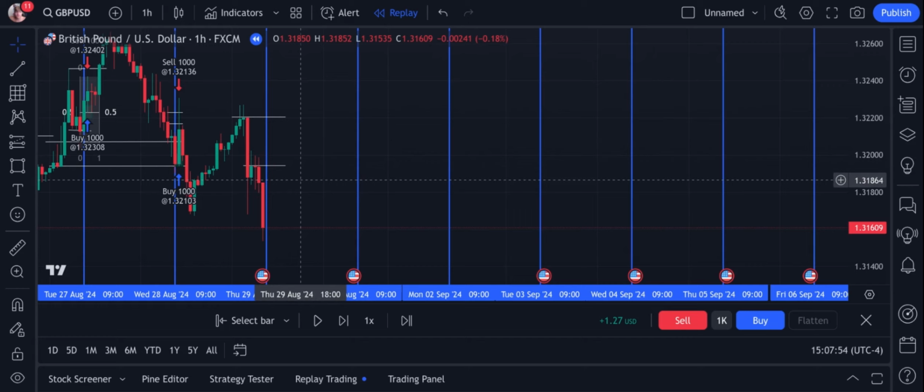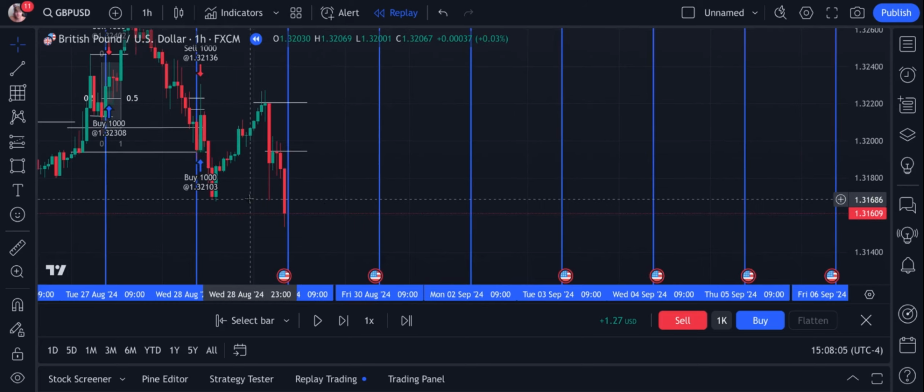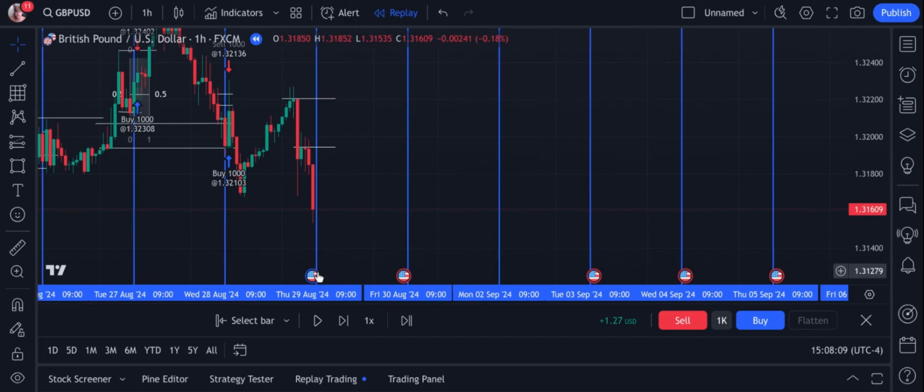Keep in mind we can scale down to the 5 minute since the 1 hour and the 4 hour trends are in alignment. If they weren't, we would scale down to the 15 minute and wait for a break of structure after the liquidity sweep. So yeah, we're looking for highs to get swept.